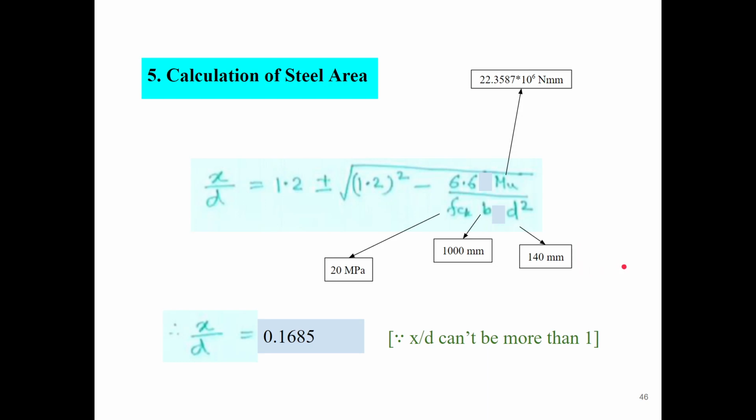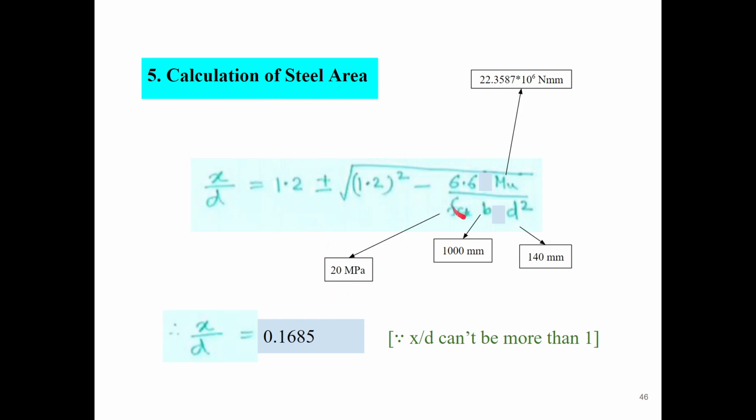Finding that term in terms of x by d, and in the limiting condition, you get this formula. This is a general formula. If you put in limiting values, you will get 0.138 fck b d square. So using this formula we will calculate the area of steel.